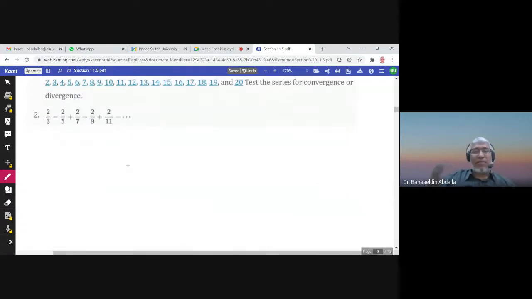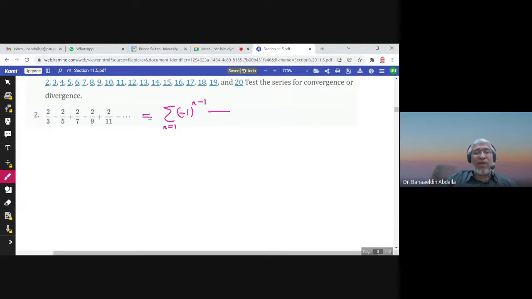Some exercises. I have a series here, but I need to write it as summation to find an. So how to find an? You see that you have positive, negative, positive, negative. So there is negative 1 to the power n minus 1 or n plus 1. If you put n equal 1, it would be positive.